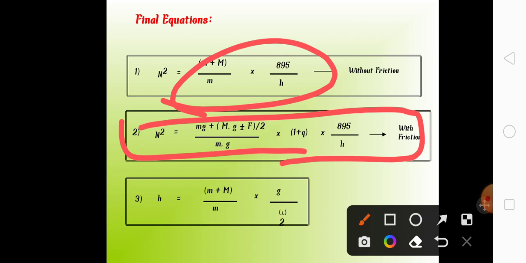The height of the governor can also be obtained here. What is the formula for the height of the governor? It is (m plus capital M) upon small m into g upon omega square.